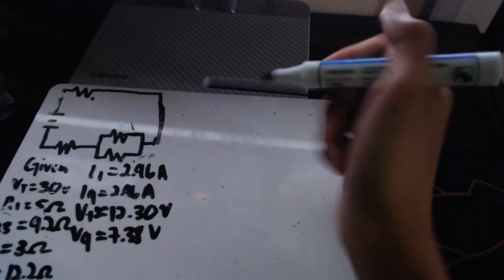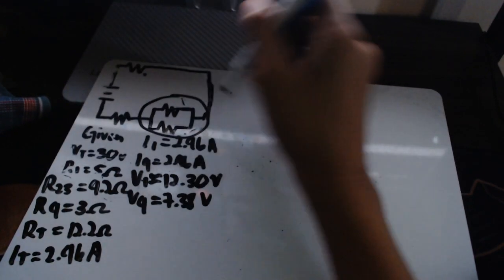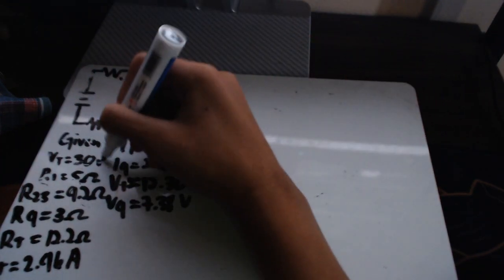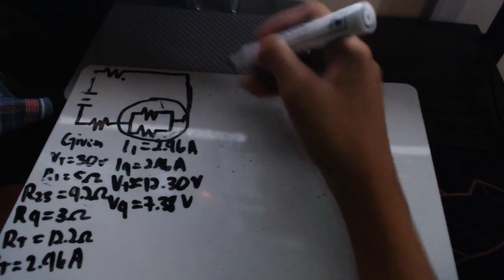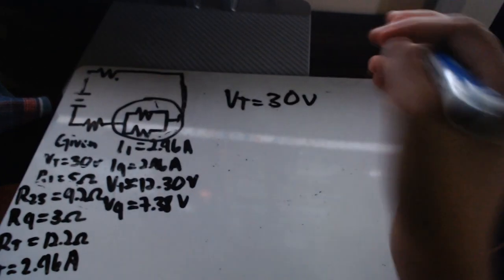Now after finding the voltage across the series components, we have to find the voltage across the parallel circuit. The battery gives us 30 volts in total, so VT equals 30 volts.